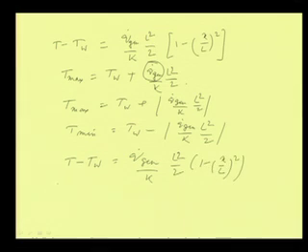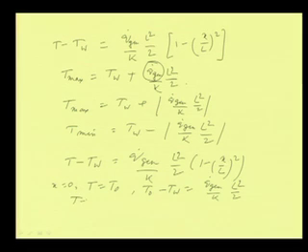Here if we put x equal to 0, T equal to T 0, which we took as the T max or T min, we write T 0 minus T w is equal to q dot gen by k into L square by 2, that is all. So, we can now write the temperature profile: T minus T w by T 0 minus T w is equal to 1 minus x by L whole square.